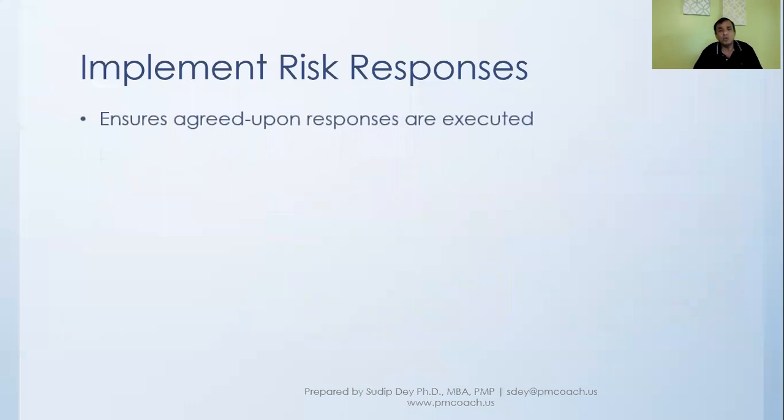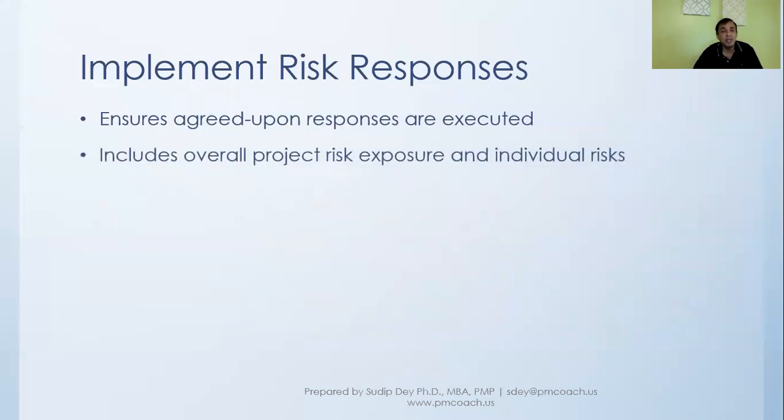So what we really do here is ensure agreed upon responses are executed. When we find a risk surfacing, we see what the plan is and implement that particular plan.